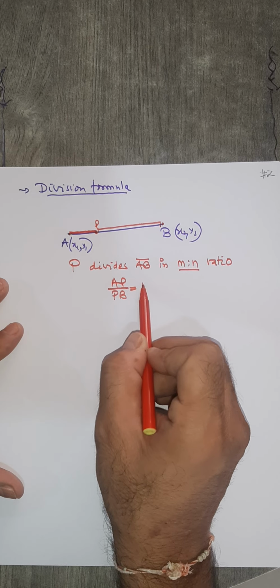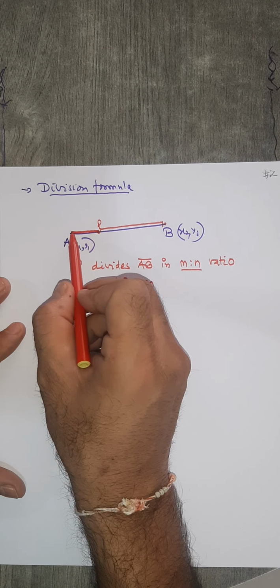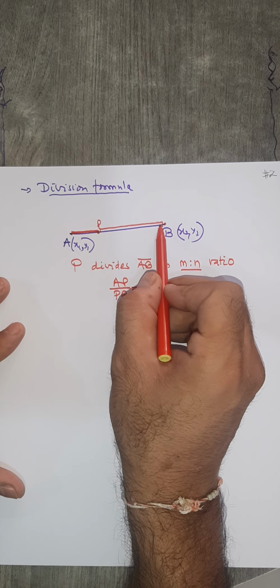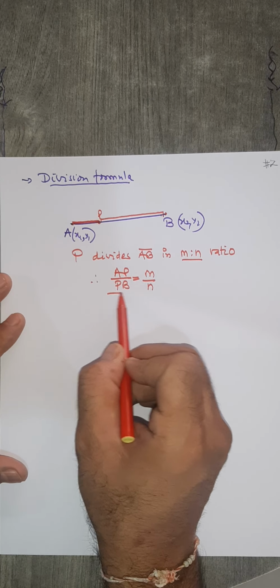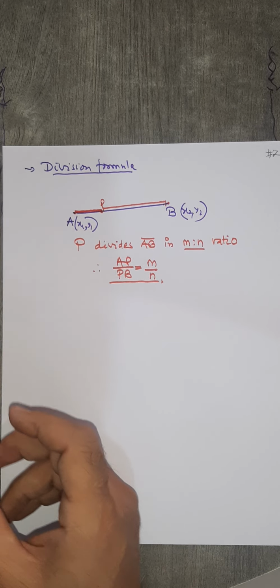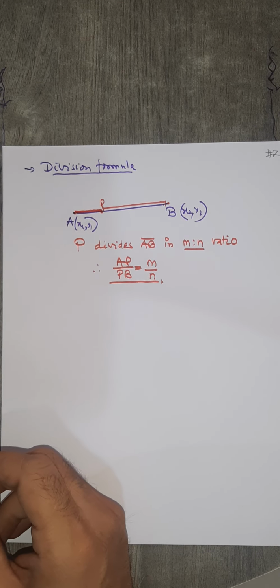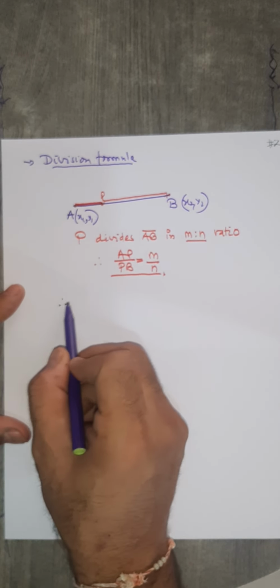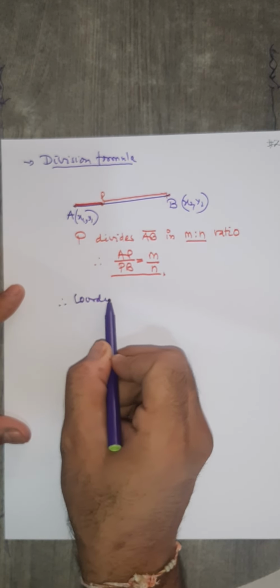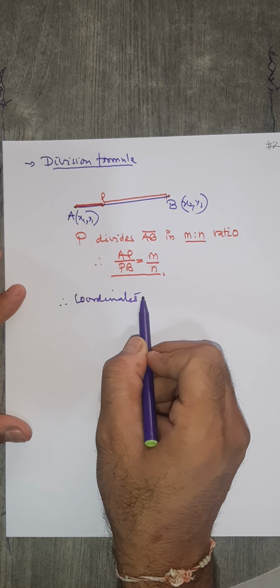That's given to you m/n ratio. This is 2 units and this is 3 units, then 2/3 units, that way. So therefore we have this ratio. Then if you have the ratio, you can write the coordinates of P. So coordinates of P we can write.